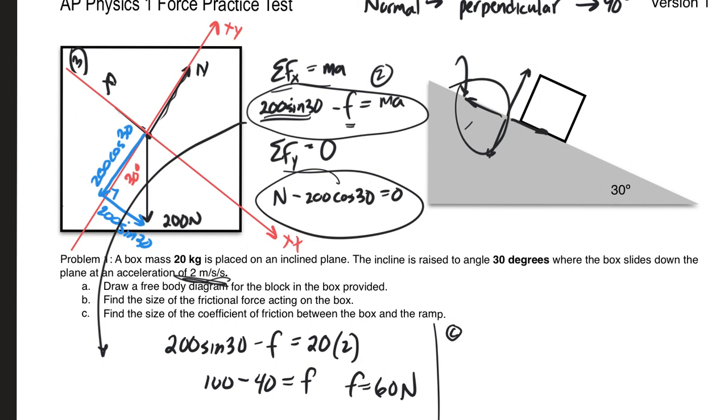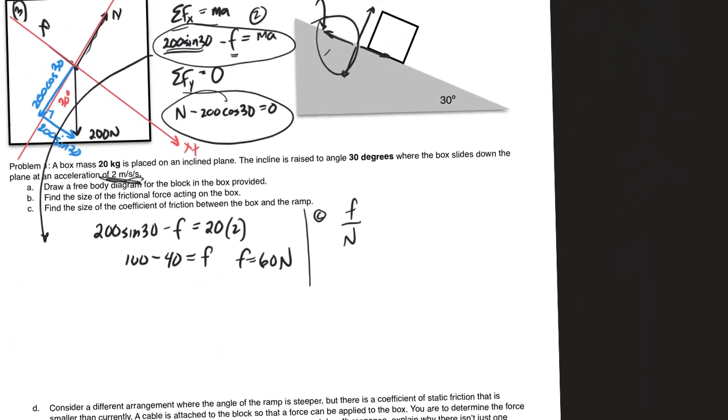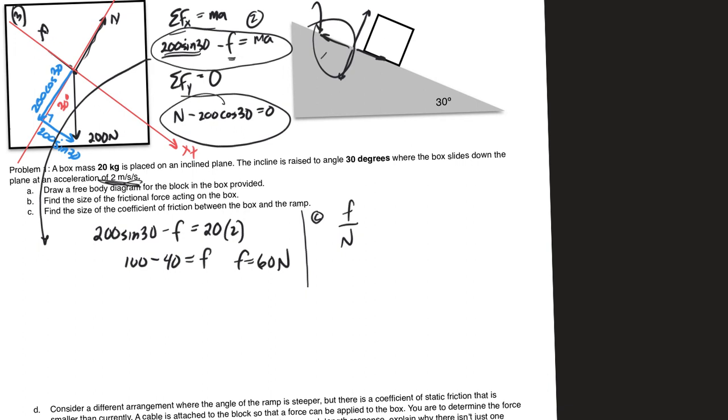But the only way I can do that is if I know the normal force. So I have to figure out the normal force first. Since everybody's trying to see around everybody's shoulders back there, let me make it smaller and move it a little bit higher. So the normal force is equal to 200 cosine 30 degrees. Cosine 30 is 0.866.